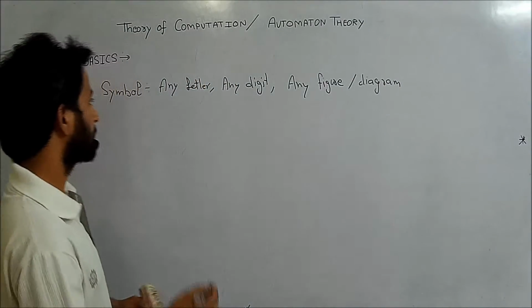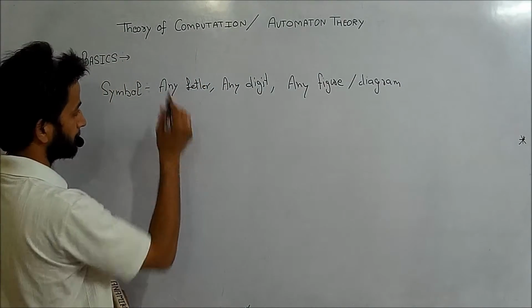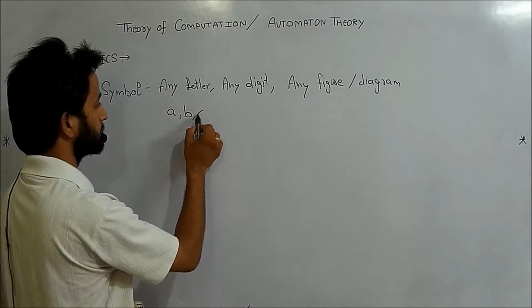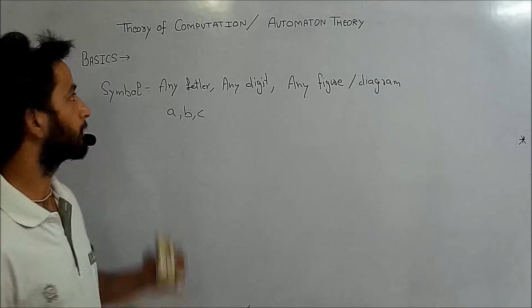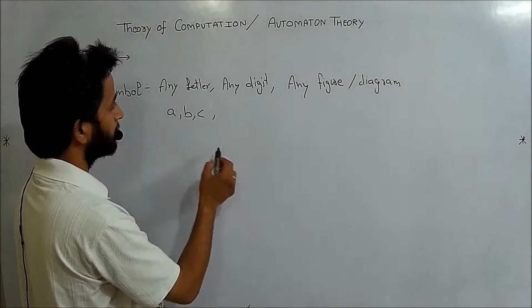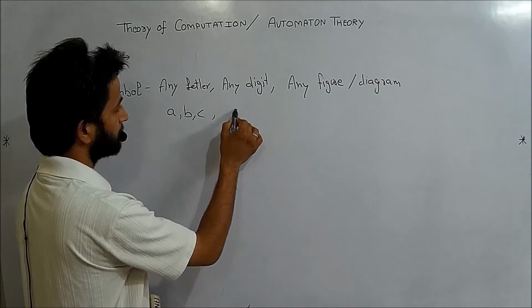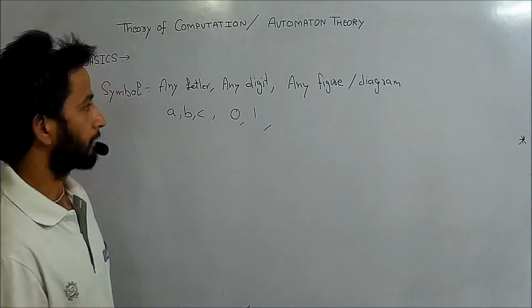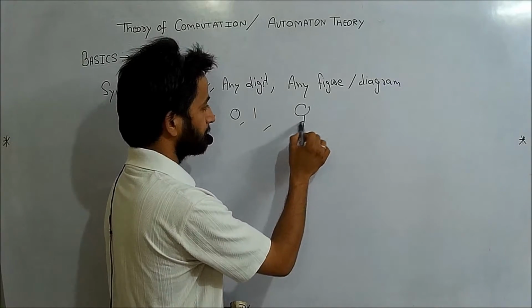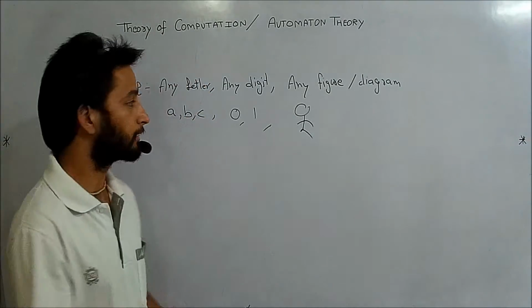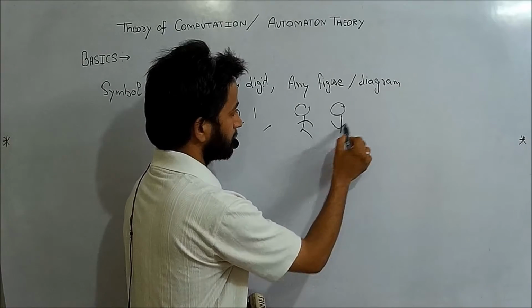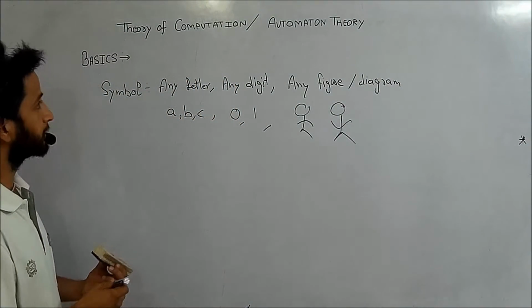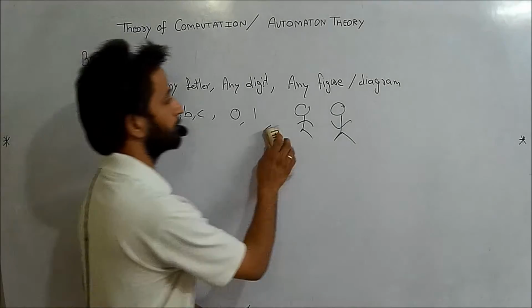Any letter, it may be A, or B, or C. All these are the symbols in automata theory. Next is any digit, and that digit may be either 0 or 1. Or any figure, let us suppose that I have a figure. This is also a symbol. This one is also a symbol. So all these are the symbols in theory of computation.